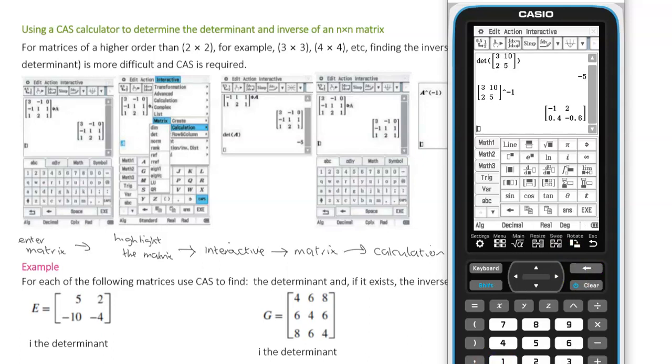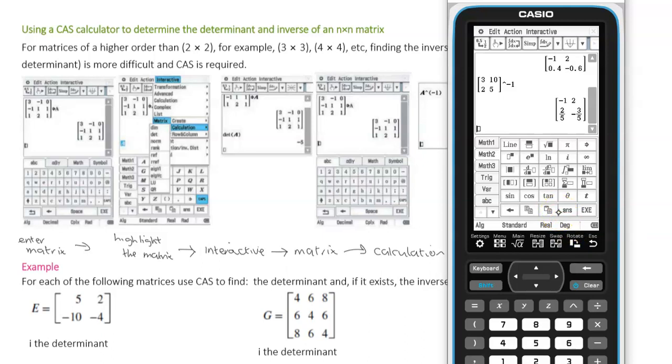We've got decimals here, and that's because the decimal button here is selected. If you click that to standard and press enter again, it will give us the fraction form. Okay, so nice and straightforward. So remember to flick between decimal and standard, and there you go.